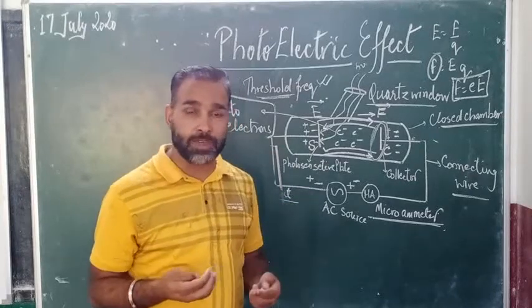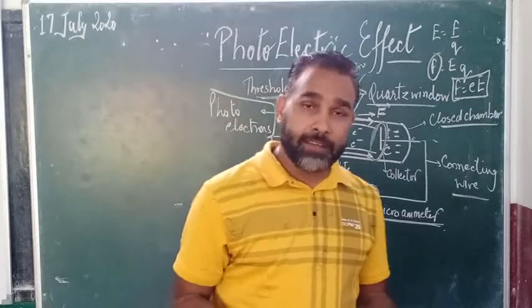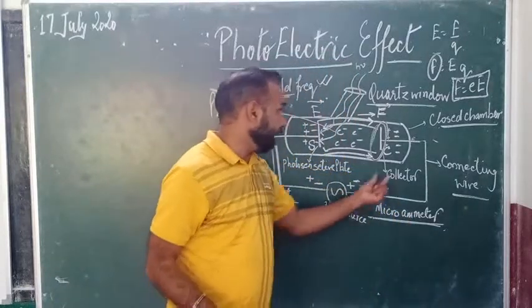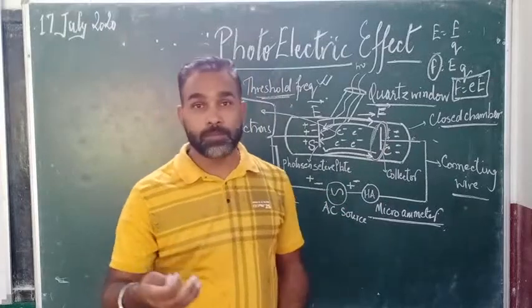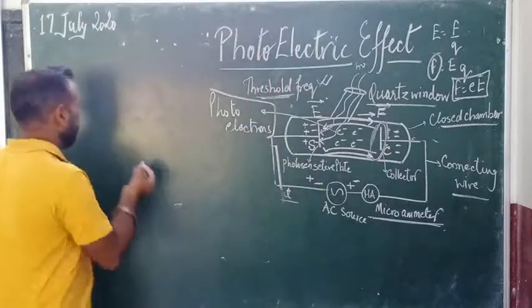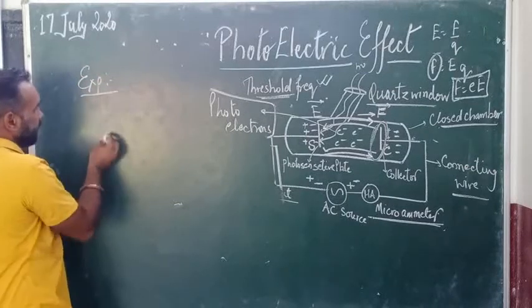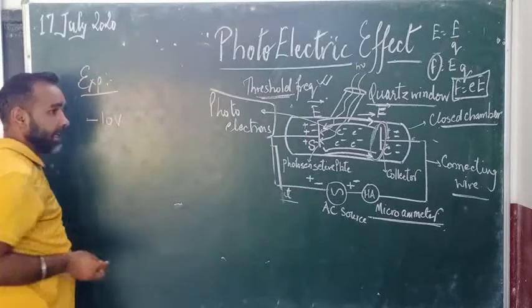Some of the electrons may be having certain energy. कुछ के पास इतनी एनर्जी होगी कि वो इनिशियल नेगेटिव पोटेंशियल को ओवरकम कर दे.